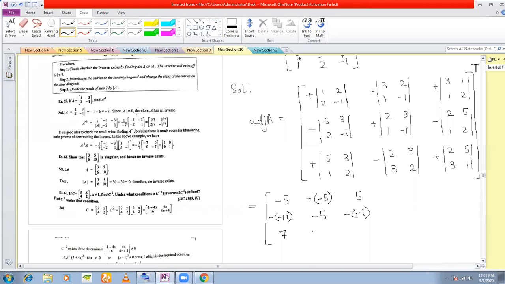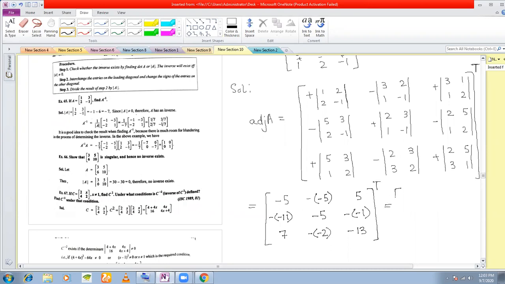Next is 4 minus 6, which is minus 2. So minus of minus 2. And next is 2 minus 15, which is minus 13. And this transpose.